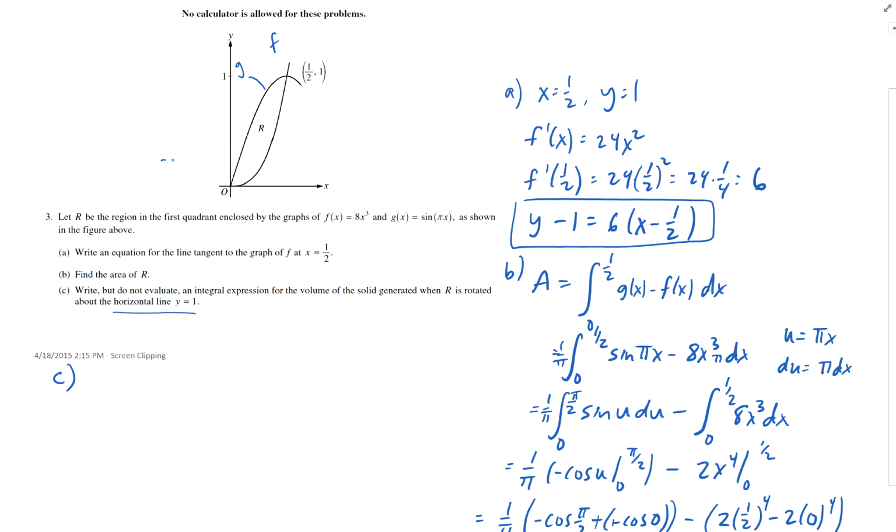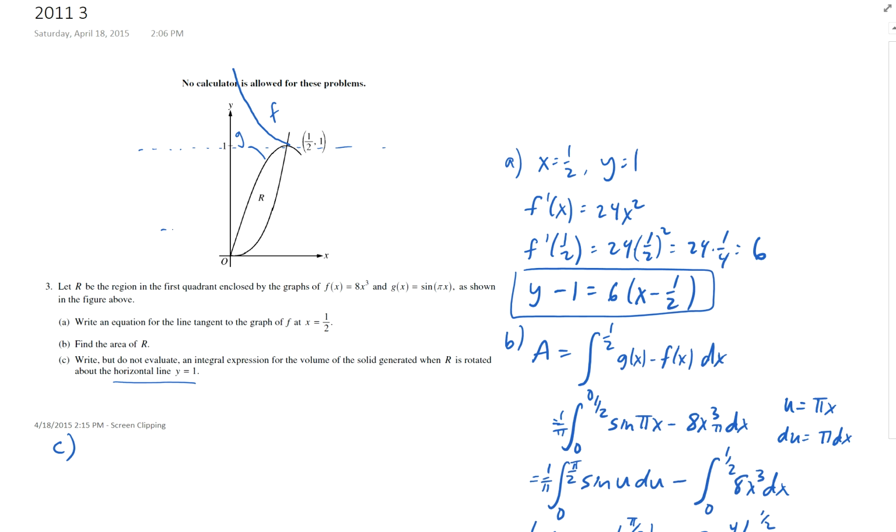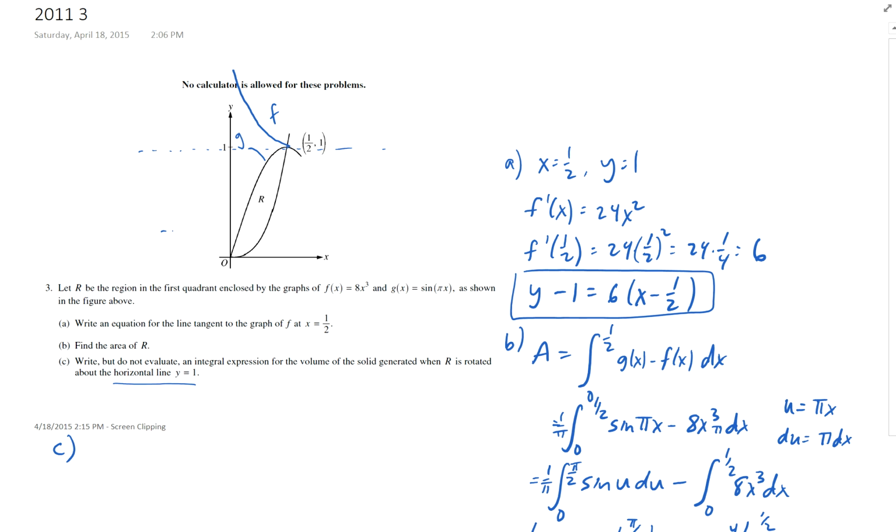So y equals 1. Where's y equals 1? I've got to draw it in the right place. I'm just going to draw it down below. y equals 1 is this line right here. And when I rotate that, let me draw it down here, it's going to go like that and that.